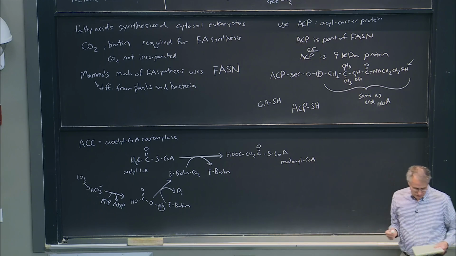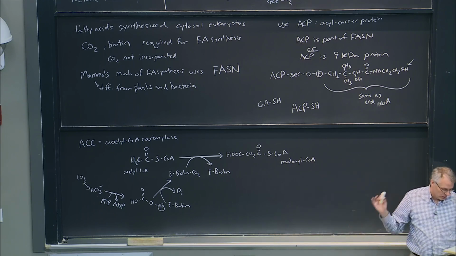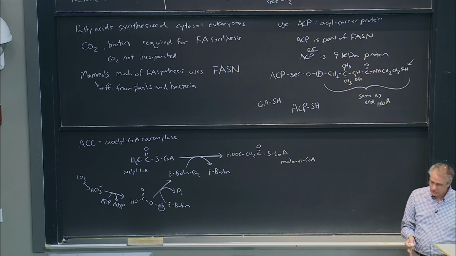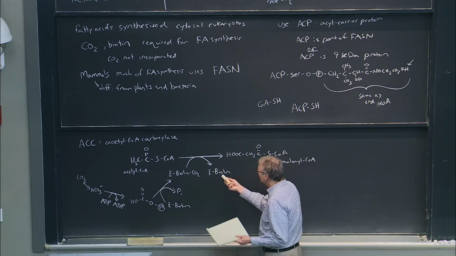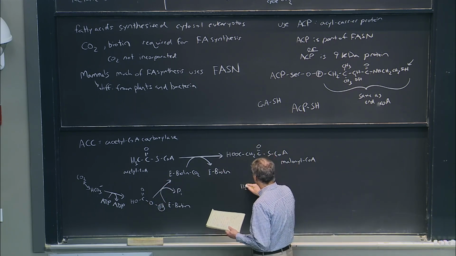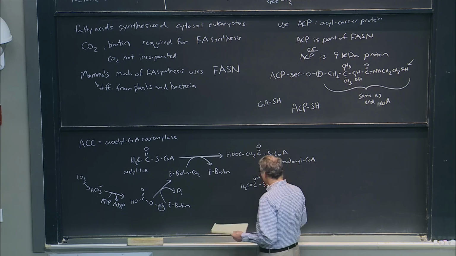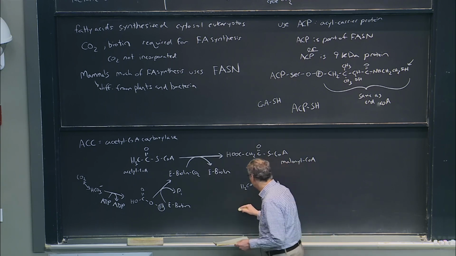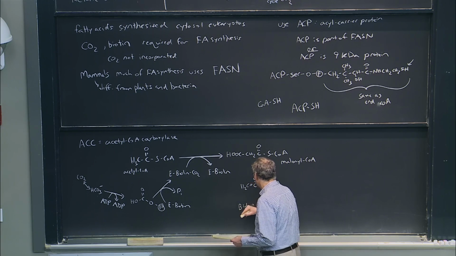All right? So this is exactly the same mechanism that we described before for pyruvate carboxylase in gluconeogenesis. I drew out part of it here. Remember, if we draw acetyl-CoA in the enol form of the molecule, and here we have our biotin, CO2.